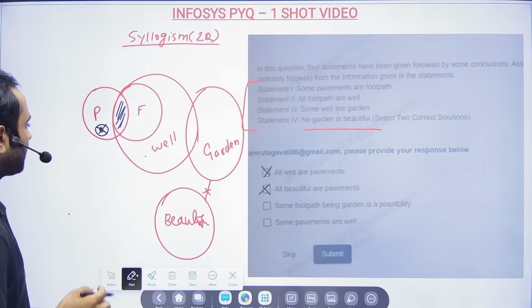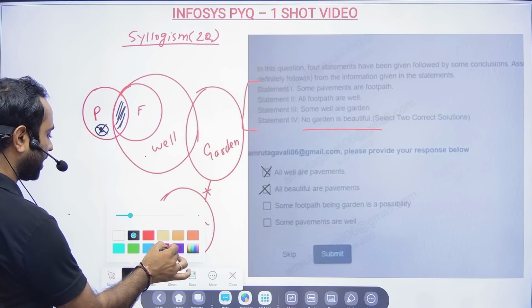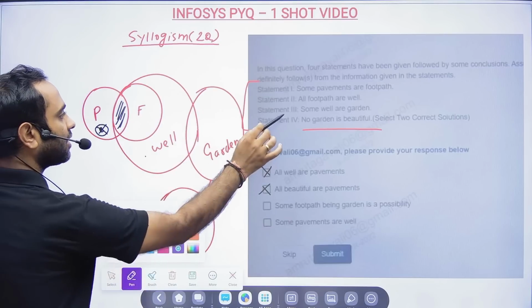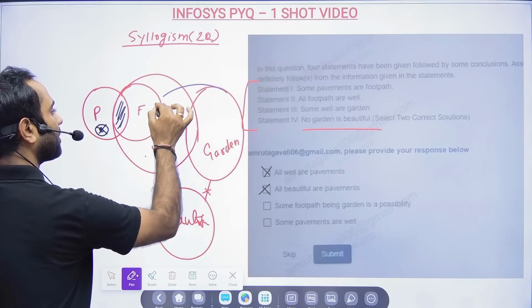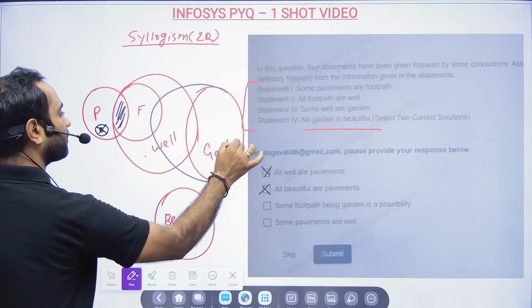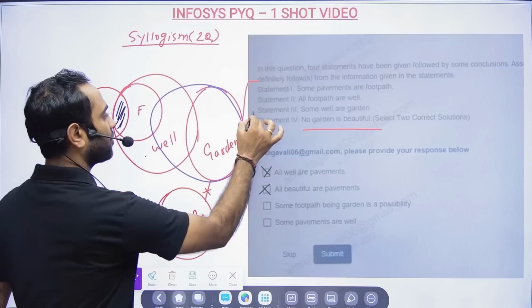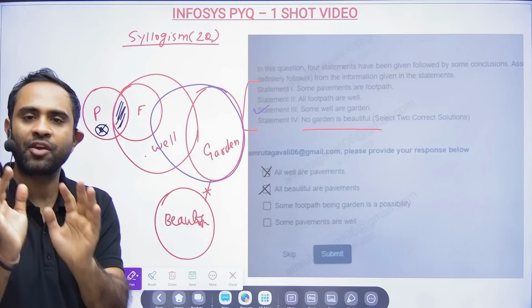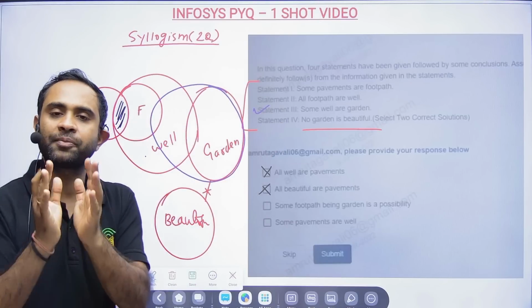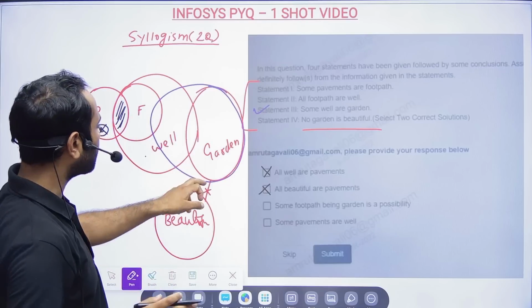Now friends, in the diagram which I have drawn, they are telling some well are garden. But I can draw this diagram like this also. See this particular one, some well are garden. It is a possibility, yes.